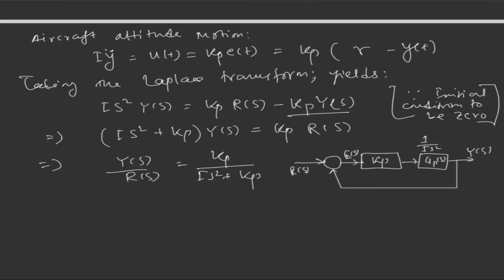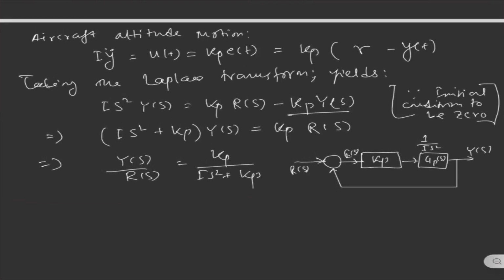If you want to apply the direct expression, what we have done before, we know Y(s) by R(s). If you can remember, we had Gp(s) Gc(s) divided by 1 plus Gp(s) Gc(s). This is the closed loop transfer function which relates the output and input.